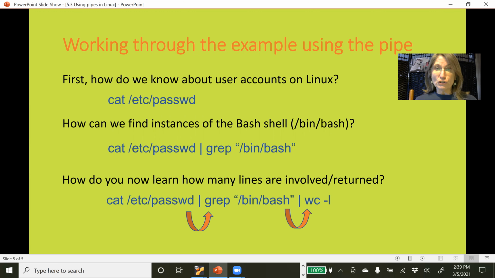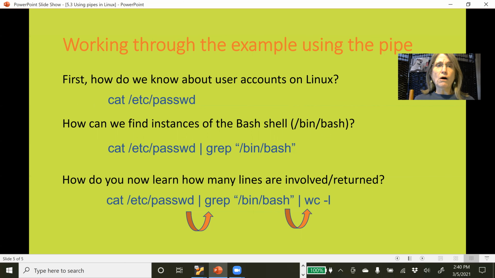So to answer a question like this, or really any problem that you have in information technology, what do you do? You sit down and think, what are the little micro steps that I have to walk through in order to solve this problem? So in this case, to find out how many user accounts on our system employ the bash shell, first we need to ask ourselves the question, how do we know about user accounts on Linux?